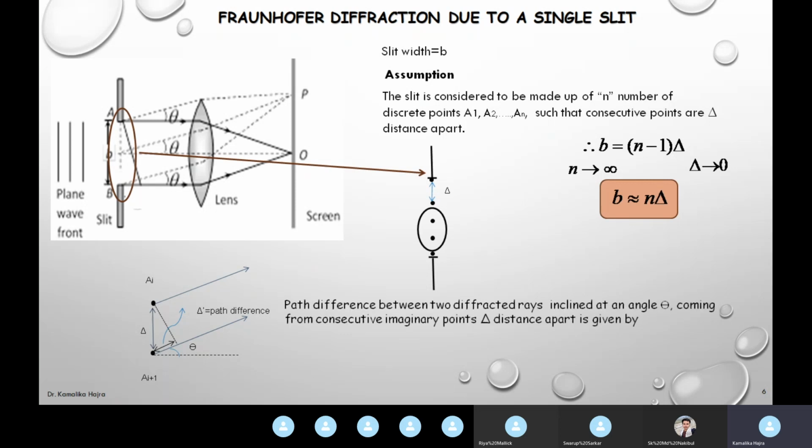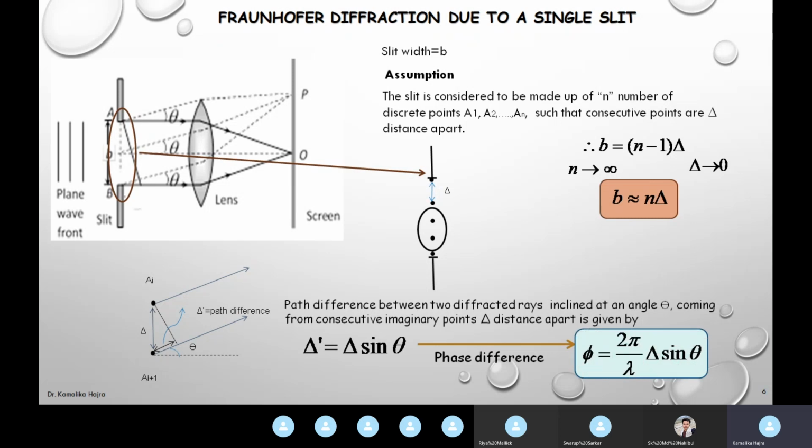So this path difference, you can see from this triangle, is given by delta sine theta. If this is theta, this angle is also theta, and thus delta prime is given by delta sine theta, and therefore the phase difference between these two diffracted waves is given by 2 pi by lambda delta sine theta.